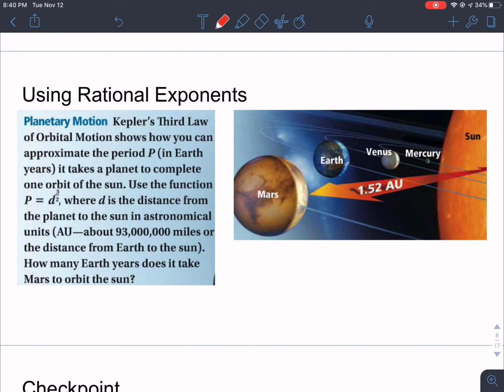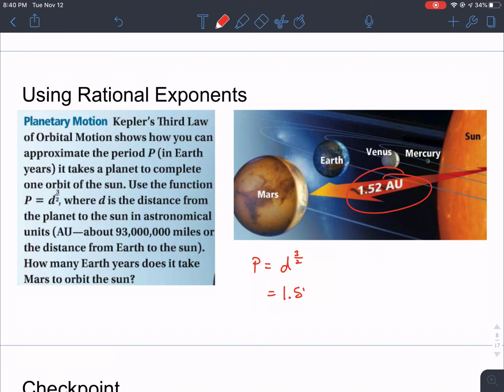All right, so this isn't too bad. We're given the equation using a fractional exponent. And so p is equal to d to the 3/2. We can plug in 1.52 AU into the distance.